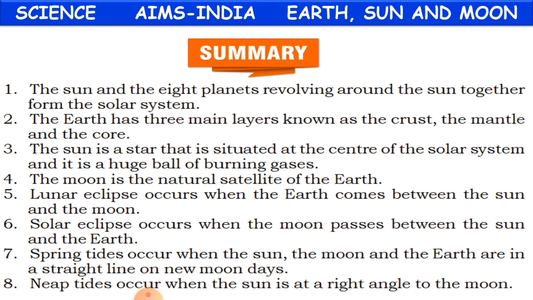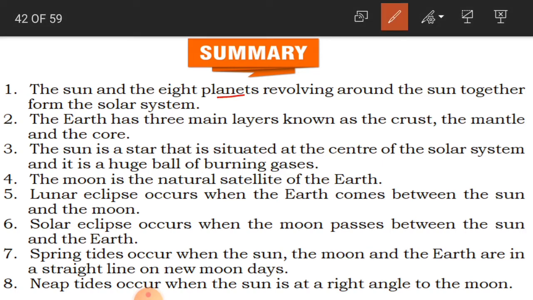Yes, now see, here is the summary. Like what have we learned from our lesson Earth, Sun and Moon. So this is brief information summarizing the lesson. The first point is the sun and the 8 planets revolving around the sun together form a solar system.